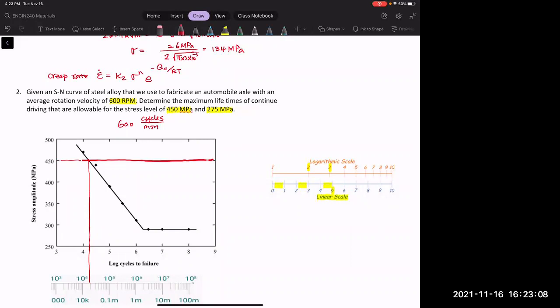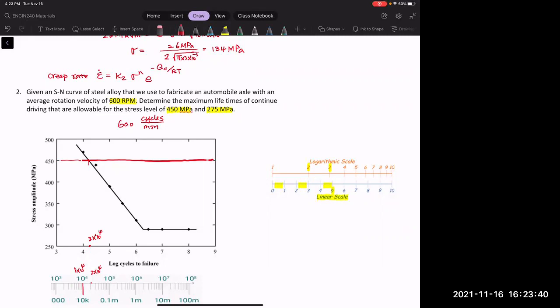Well, the first one here is 1 times 10 to the fourth. This one here represents 2 times 10 to the fourth. So this point simply represents 2 times 10 to the fourth. It's not 4.2. Don't make it 4.2 times 10 to the something. So this is representing 2 times 10 to the fourth.